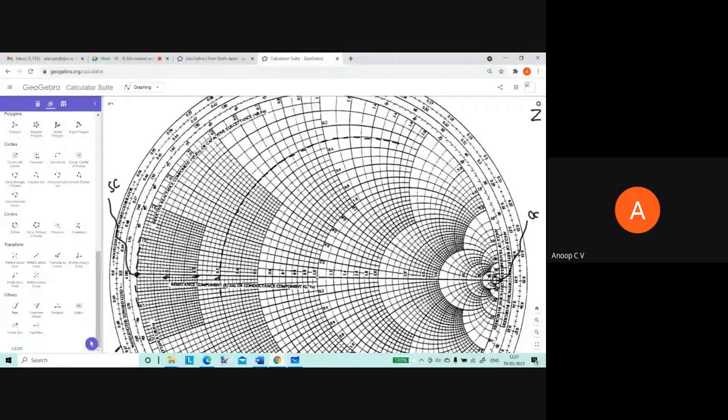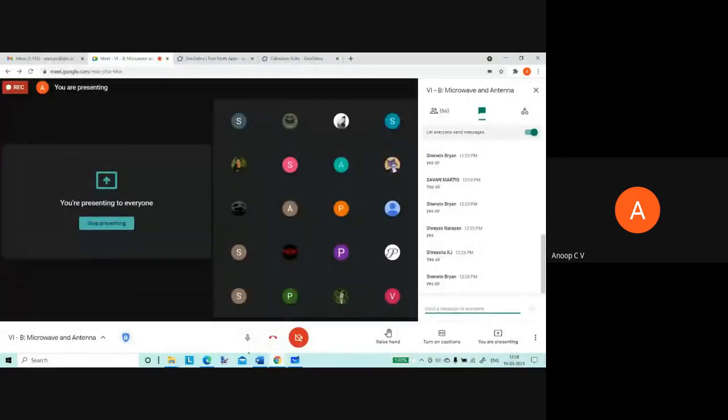Are you able to accept that I have located the R equal to 0.3 circle? So I'll write here, this circle is R equals 0.3 circle.